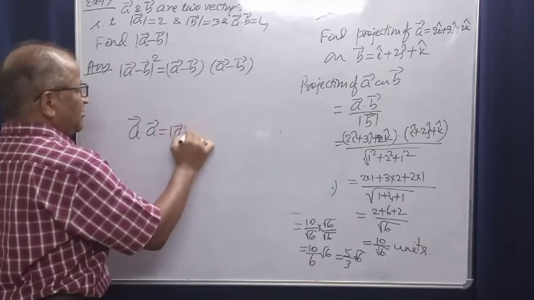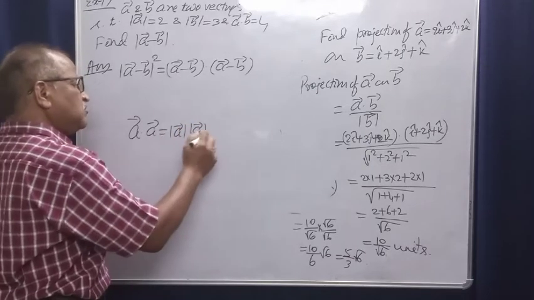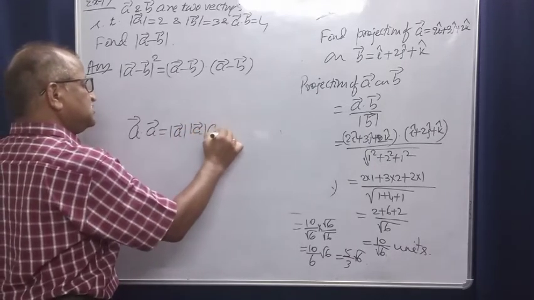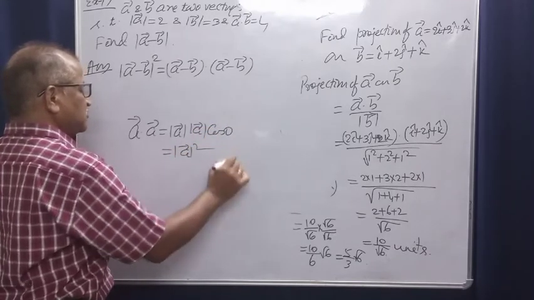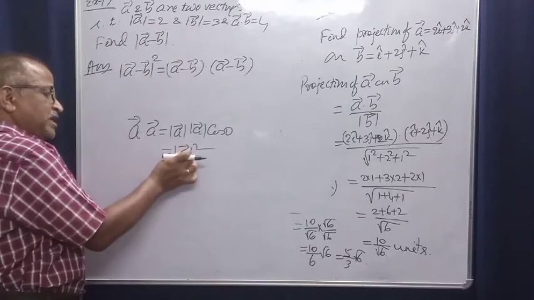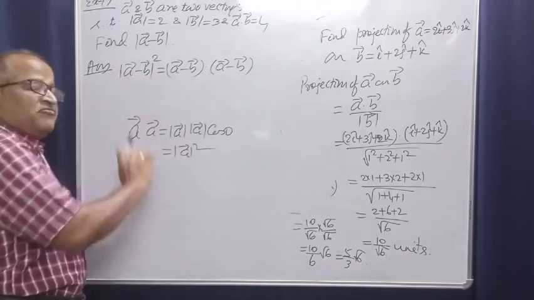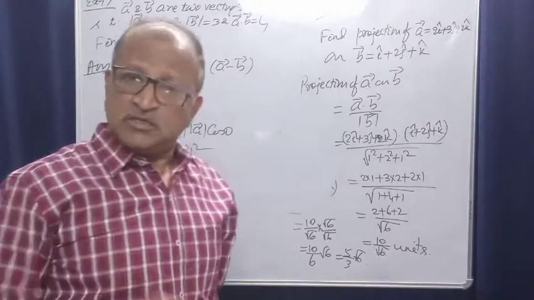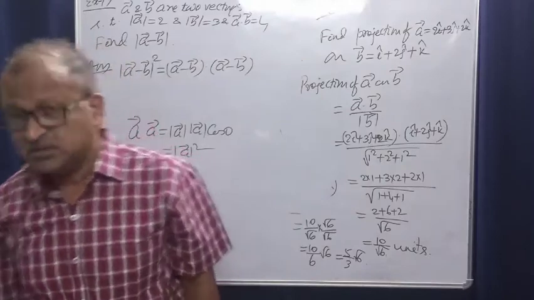Magnitude of A, magnitude of A, cos 0. That means cos 0 means 1. So it is simply magnitude of A square. So magnitude of A square is equal to A dot A. Similarly, magnitude of A minus B square is A minus B dot A minus B.